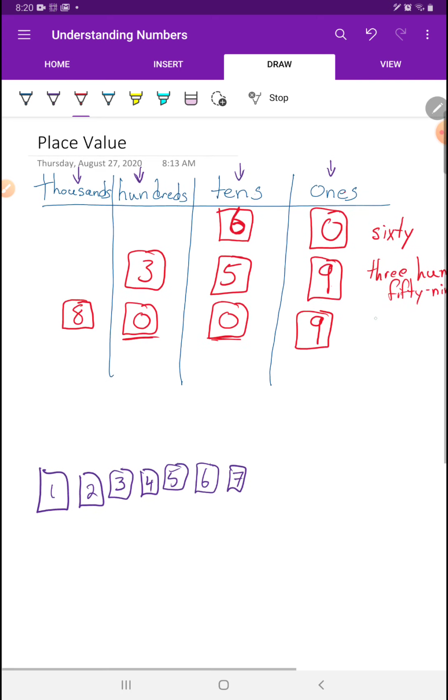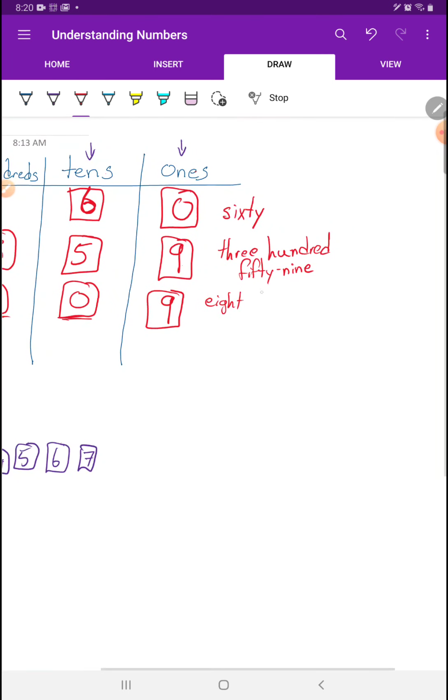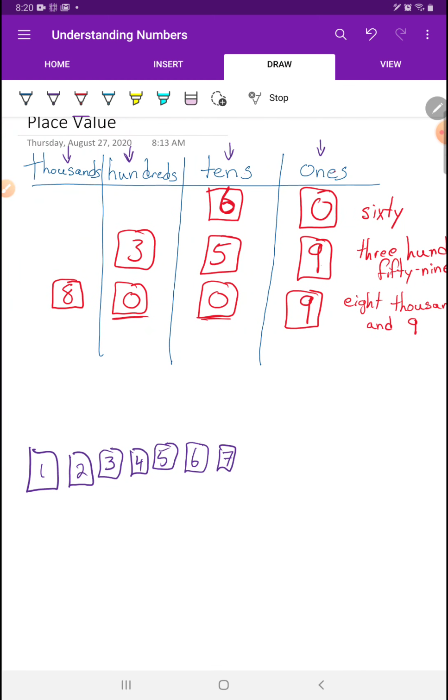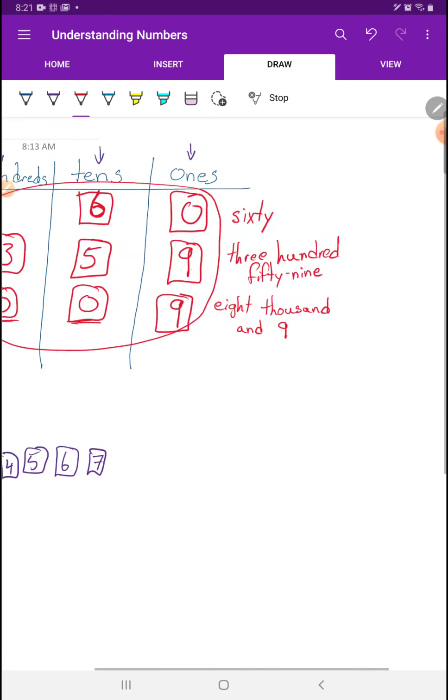And now you have the number 8,009, okay? This is really important. These are the thousands, so you say 8,000. Then this part, you've already done when you were younger, so that part's easy, okay?